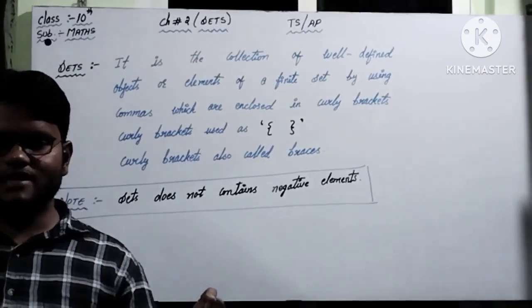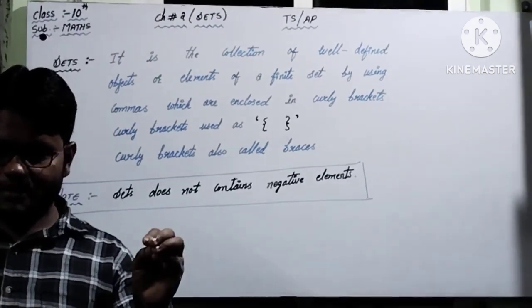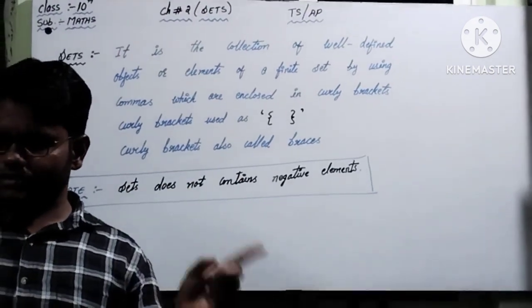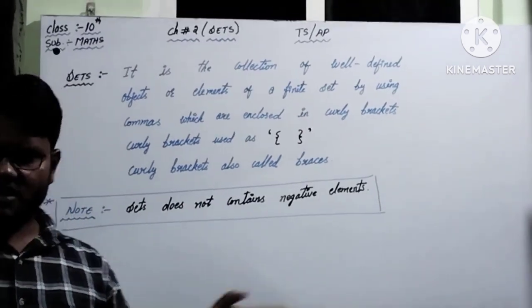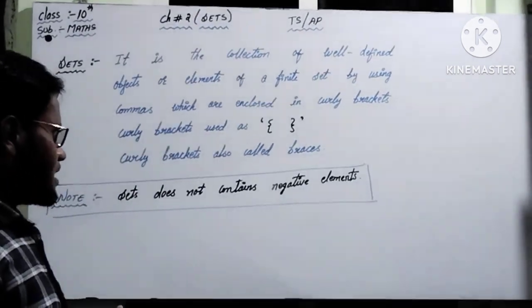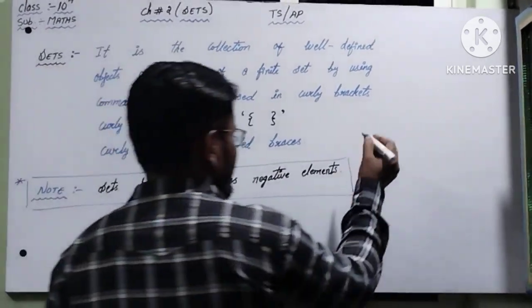Whatever elements we write using commas, that form of writing elements is called roster form. Forming elements by using commas is called roster form. Like an example, I will show one example. I will take my name only.